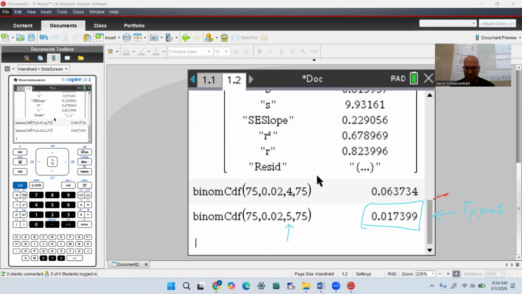If you look at how they did it in the book, they did 0 to 4, and they did 1 minus that. So I'll run that calculation.